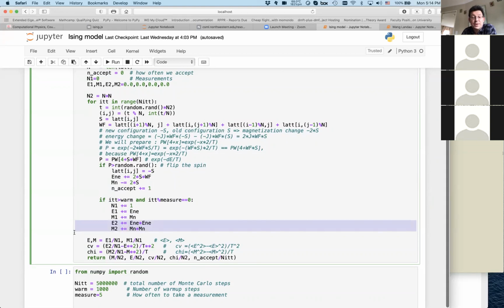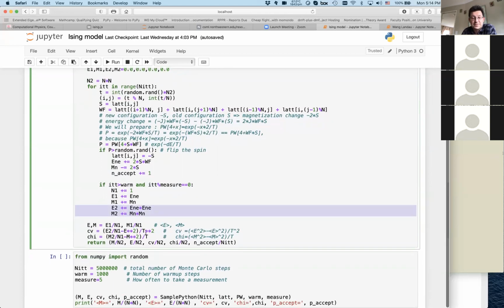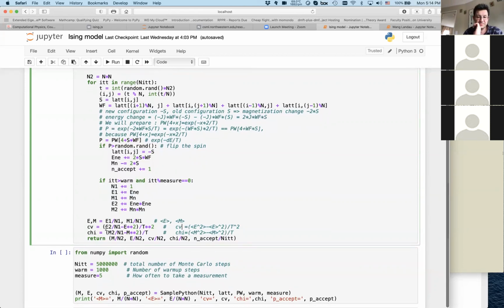Okay, which we know is needed for specific heat and for magnetic susceptibility. So now that we have this, we could also calculate, of course, E square average and M square average, but somehow I decided to do this when we calculate specific heat.